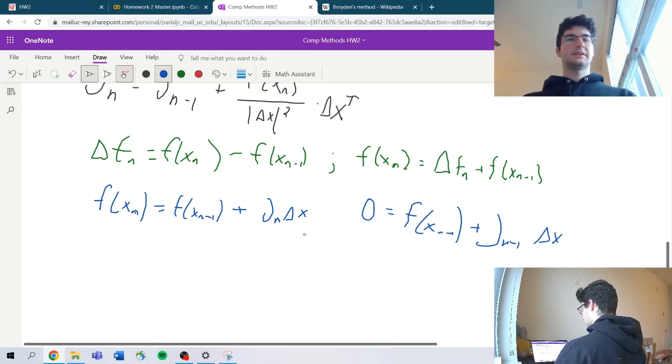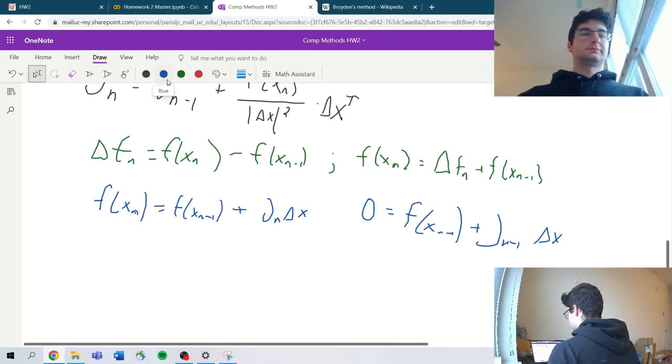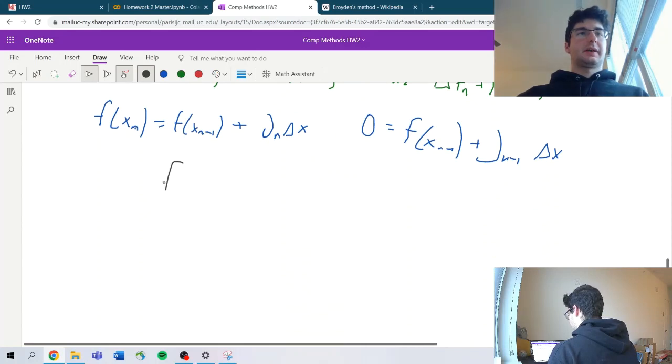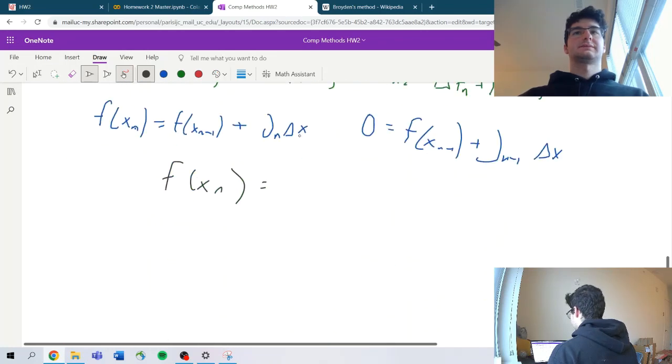Now, if we combine these two in the right way, we'll get our f of x to the n equals this delta f of n minus our j n minus 1 times delta x.